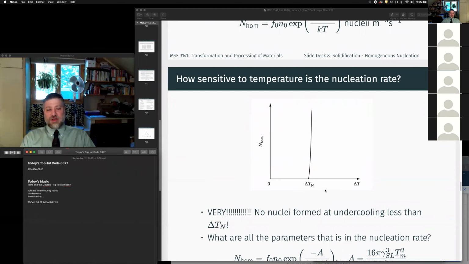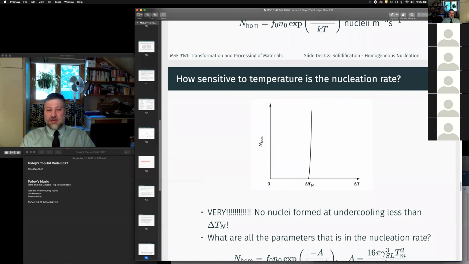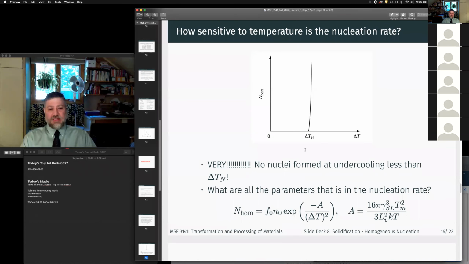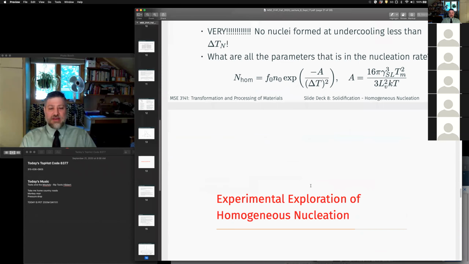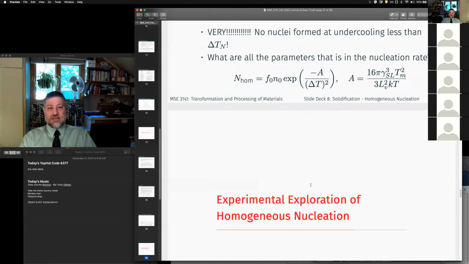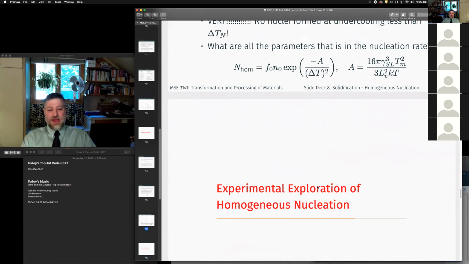So we've got a critical undercooling that's defined by where the maximum expected cluster size in our system is equal to R star, right? And that happens at about 78 kT. Undercooling of minus 78 kT. And that's where we wrapped up Friday.